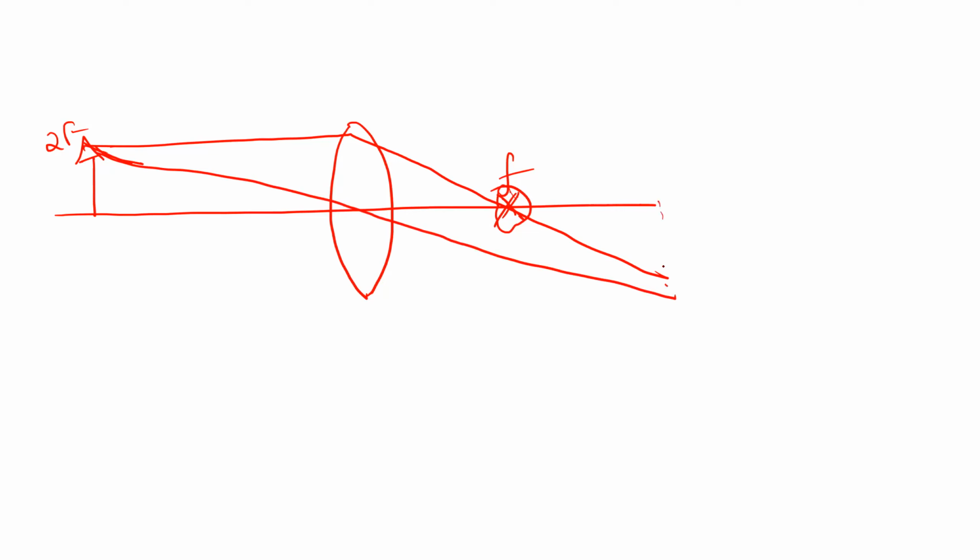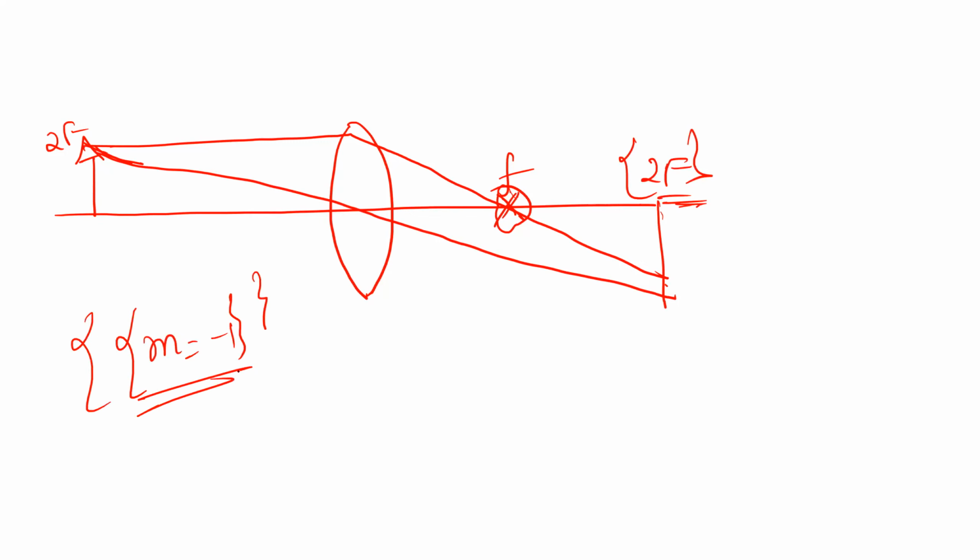This value will be 2f, and magnification is equal to -1. Just change the values you have written. Magnification will be -1. Inverted, real, but same size.